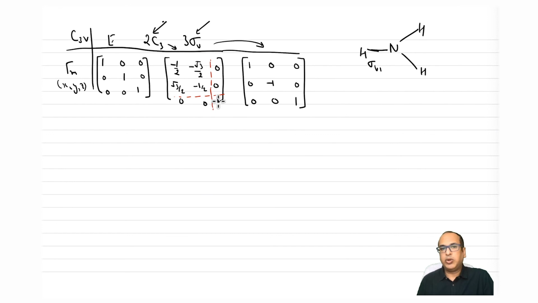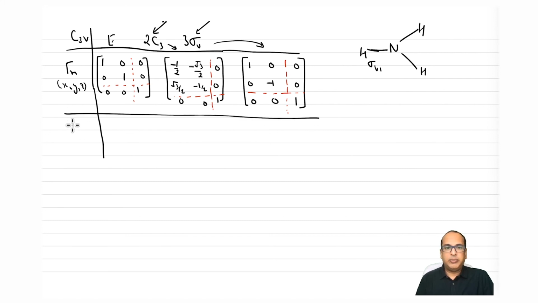Similarly here, I have a 2 cross 2 matrix and a 1 cross 1 matrix. So I have to divide this also in the same fashion, so that the dimensions of the matrices become equal.